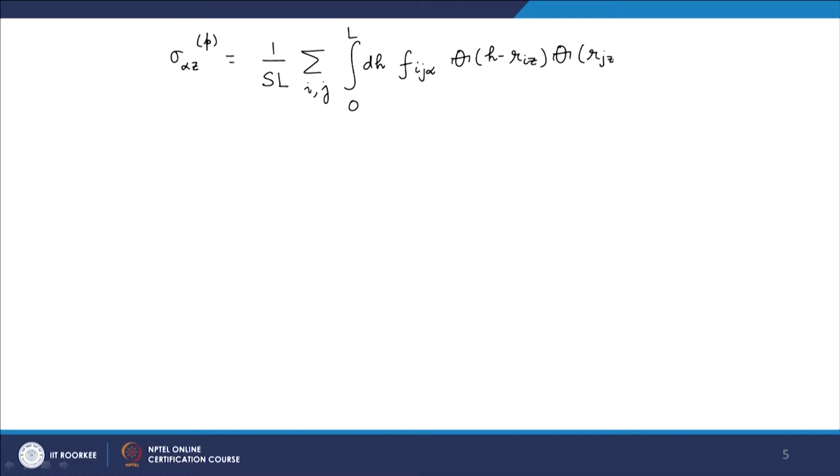So, using this idea, I can write my contribution to the stress tensor due to solute segments as where I have simply moved the height from, say, 0 to L, that is the length of the control volume, and I am simply integrating it and I am dividing by the length, and I have to get the same quantity that we have.